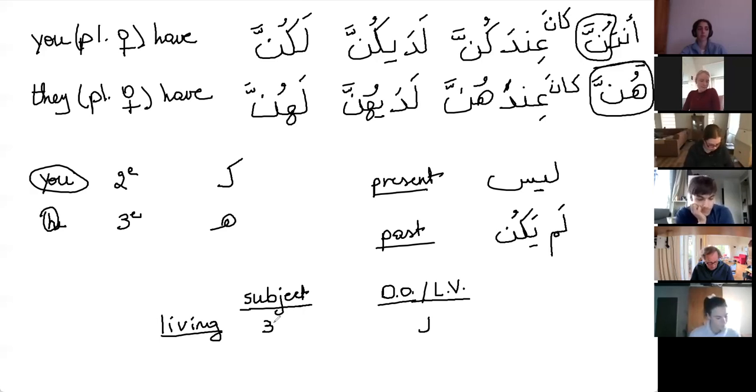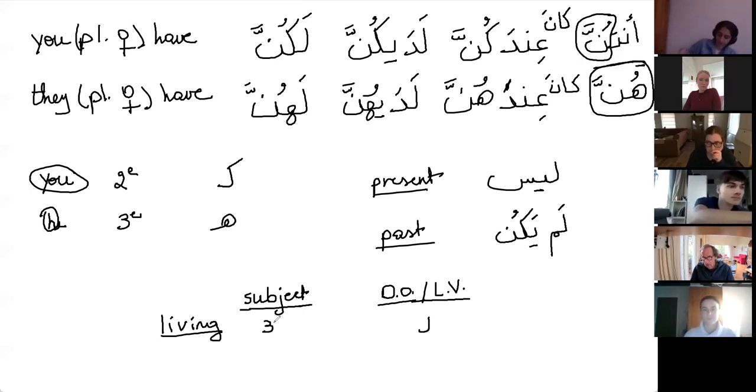When do we use fīhi and fīhā? If you are talking about, let's say, the hotel has nice rooms, in this case I would use fīhi, because you are saying inside the hotel there are nice rooms. If the direct object is inside something, then fīhi and fīhā are used.